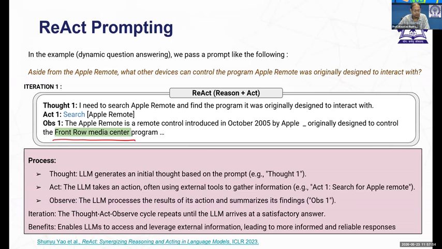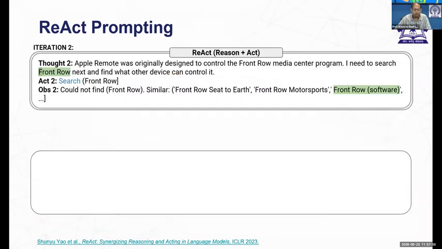Now let's see, in iteration 2, what does this do? The thought is: Apple Remote was originally designed to control the Front Row media center. So how does it get this Front Row media center? This Front Row media center program, it is getting from iteration 1. Now I need to search Front Row next and find what other devices can control it. So it is searching using the command Front Row, and in observation 2, it says that it could not find Front Row.